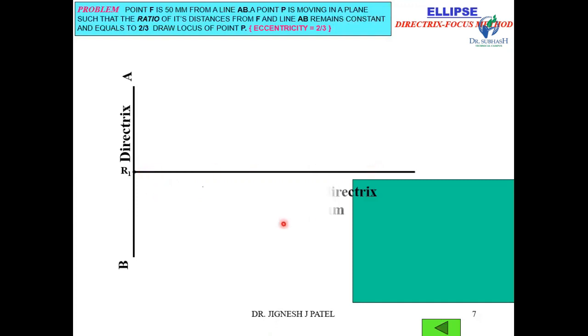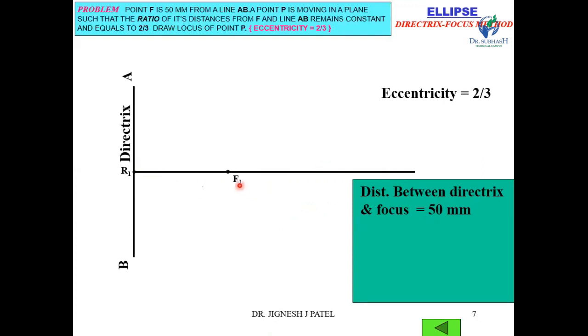The distance between the focus and directrix is 50 mm, so mark the point F1 here. The eccentricity is 2/3. We have to mark the vertex between R1 and F1 in such a way that the ratio VF upon VR maintains 2/3, and the distance R1F1 is 50 mm.